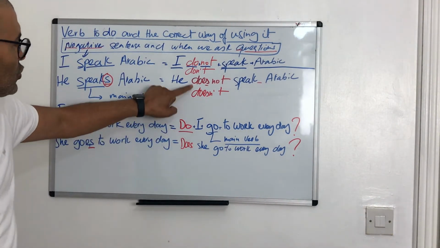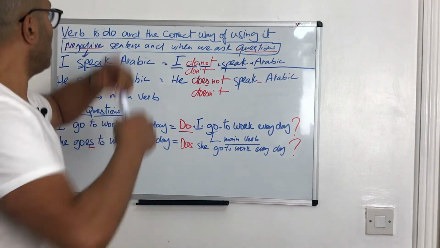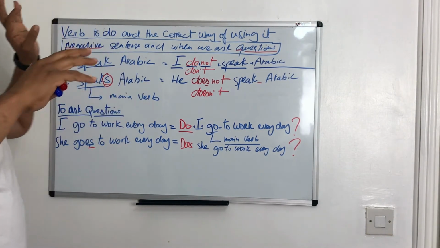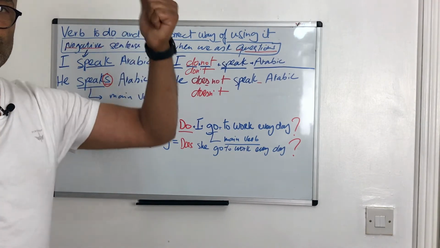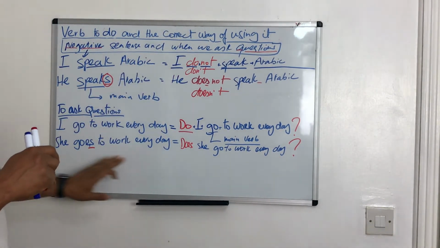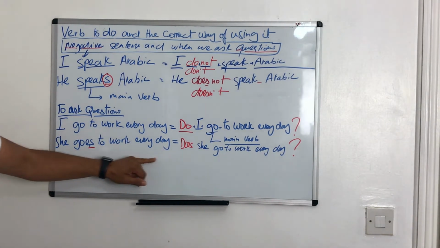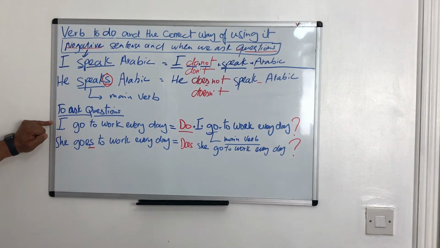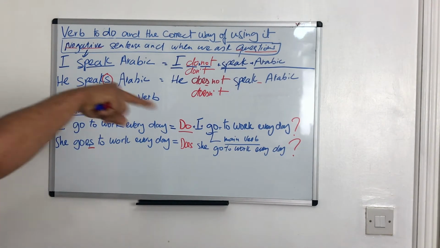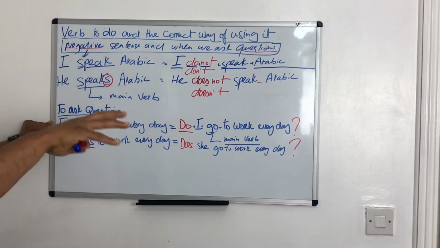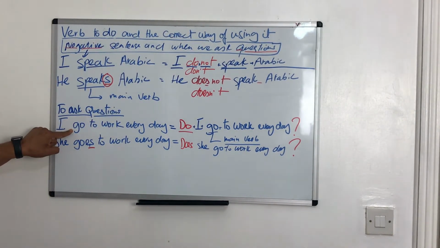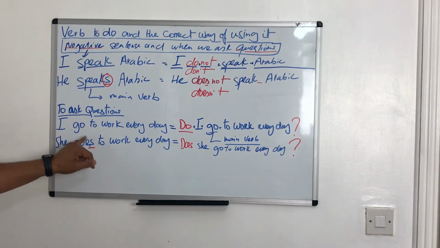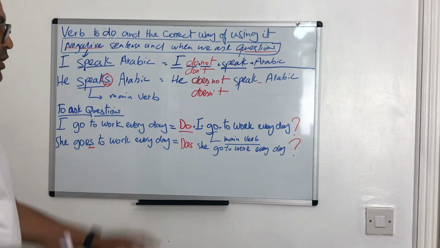If you see all of this, don't panic. Go back to the first part where we did I, you, we, they: all of them take do, and he, she, it take does. That's it, simple. Only when we make a sentence and we add the main verb, for I, you, we, they we use go, the main verb go. If it is he, she or it, we add s to the verb. Okay, she goes to work every day.